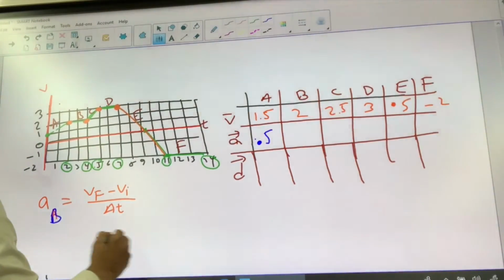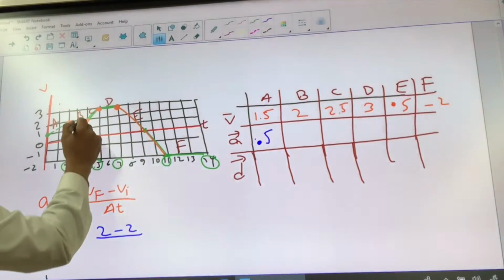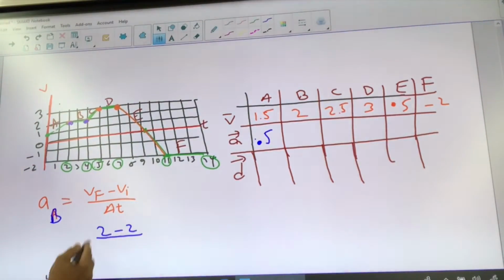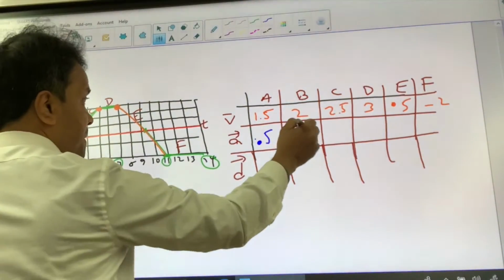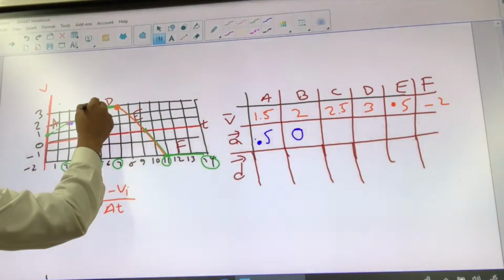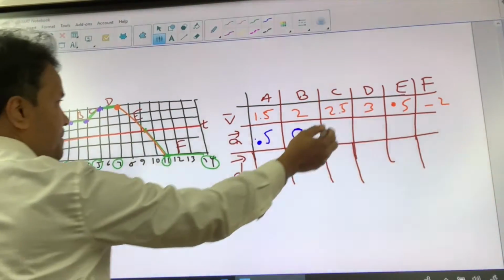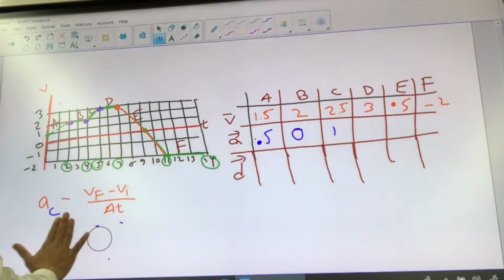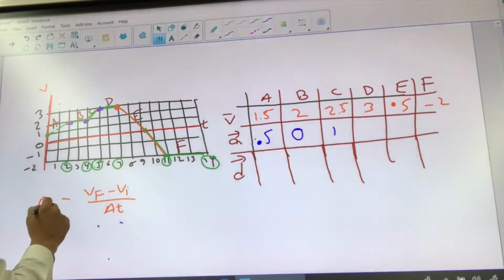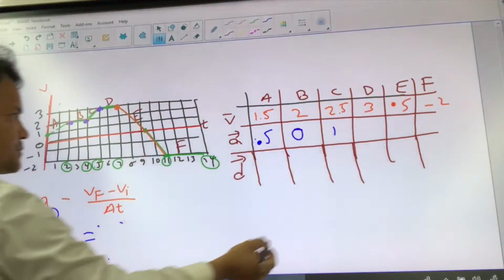At section B, the acceleration is 0 because Vf is 2 and Vi is 2. Acceleration at section C is 3 minus 2 divided by 1, which is 1. Acceleration at section D is of course 0, because 3 minus 3 divided by 2.